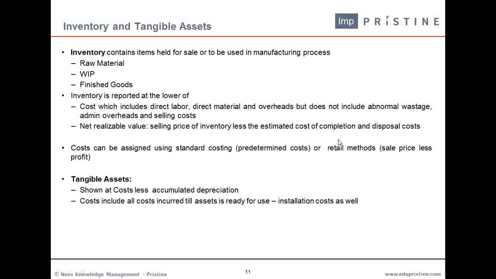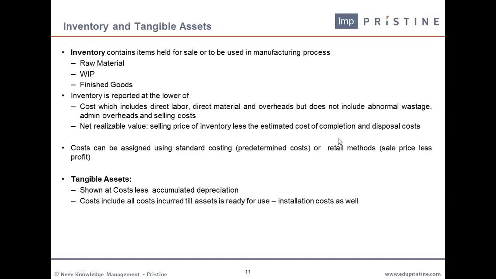And the next one is the tangible assets. In case of tangible assets, we show costs minus the accumulated depreciation. Say machinery: you have depreciation coming into the picture because over the life of the asset, they tend to give decreasing returns.